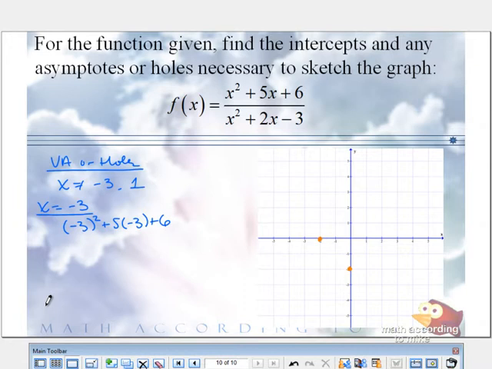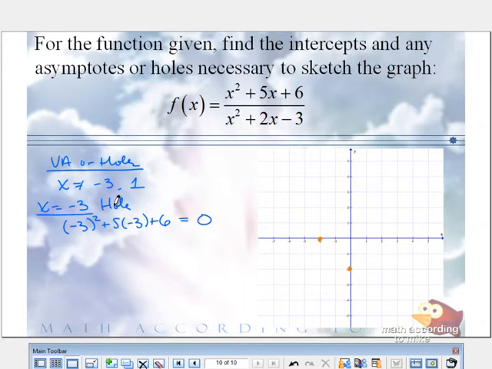Because it's -3 quantity squared. Better? Okay. So since when you put in -3, you get 0, what happens at x equals -3? It's a hole. So holes mean more work. So how do we find the y-coordinate of the hole again? One more time? No. Remember, we factor and cancel.